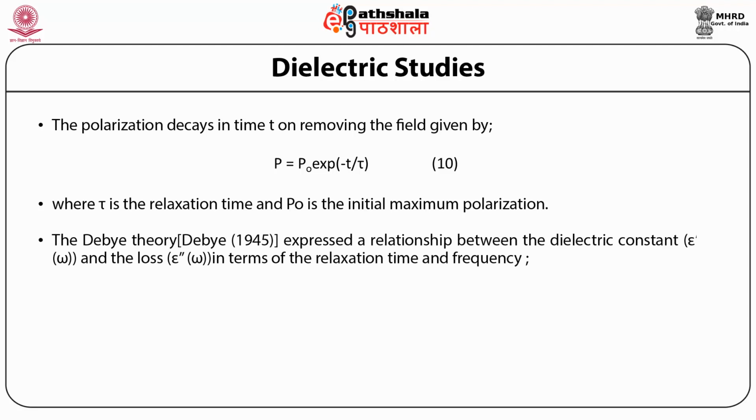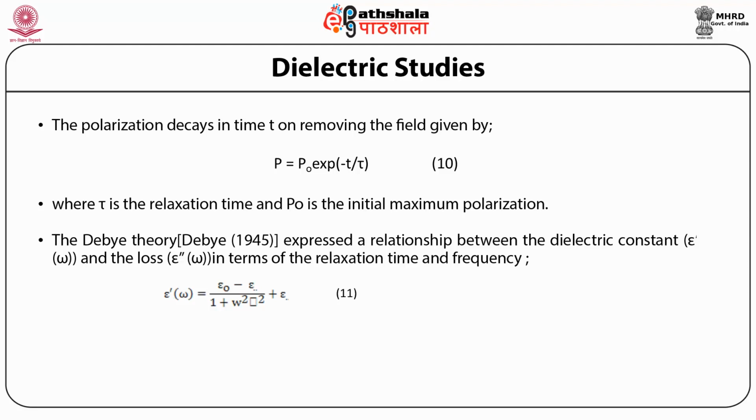The Debye theory, which was given by Debye in 1945, expressed a relationship between the dielectric constant, epsilon prime of omega, and the loss, epsilon double prime of omega, in terms of relaxation time and frequency. So epsilon prime of omega is equal to epsilon infinity plus (epsilon naught minus epsilon infinity) divided by 1 plus omega square tau square.